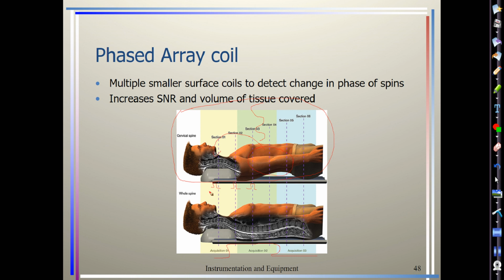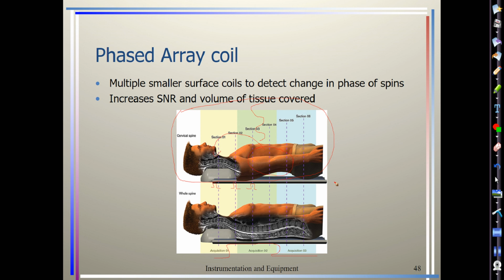So it's also beneficial to have smaller coils receiving than just one large one because you get an increase in signal and it allows you to cover more area. So it's the best of both worlds. Smaller coils are actually better than just one large one in terms of signal to noise.